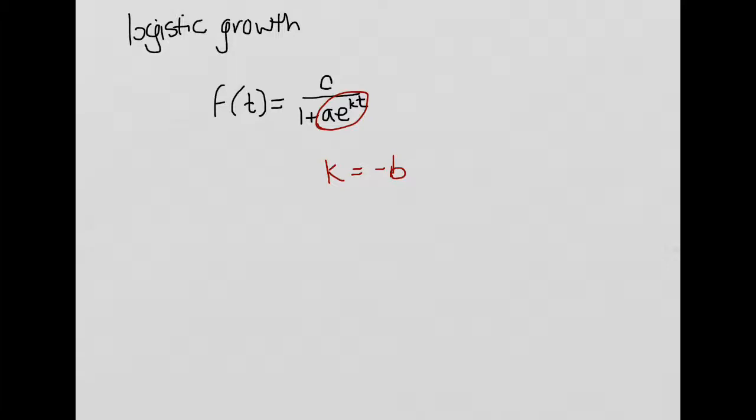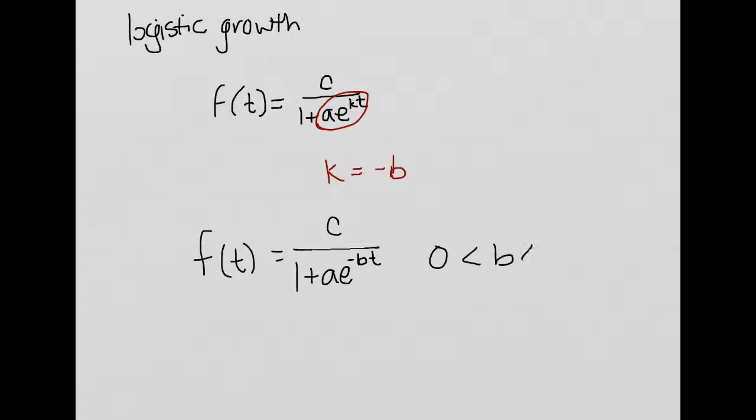So your logistic growth equation actually looks like this: 1 plus a e to the negative bt, where b is between 0 and 1. And what that does is that particular constant holds your population down so that it doesn't explode, right?